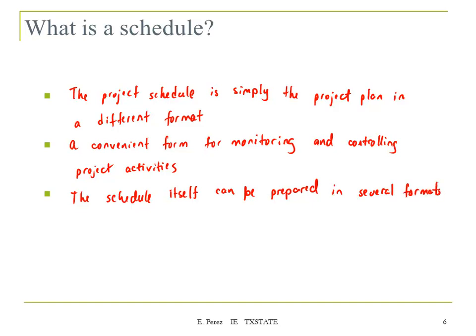In this class, we're going to talk about two different ways: the PERT diagrams and the CPM diagrams. But there are multiple ways in which you can prepare this schedule plan. And that's what we're going to do on the next slide, is basically define or explain what is a PERT and what is a CPM network.